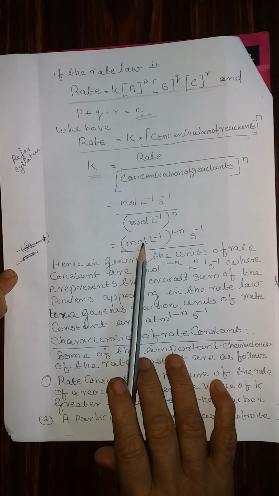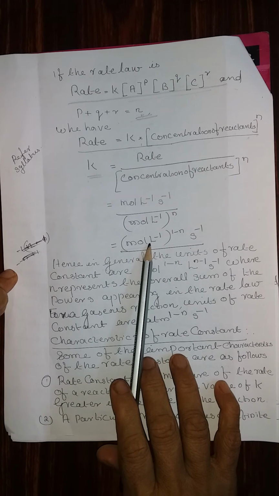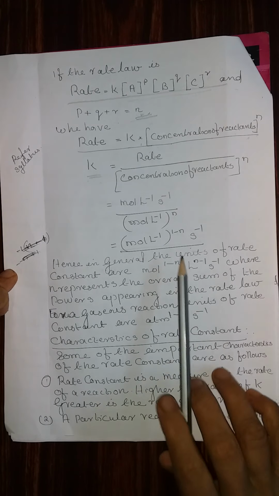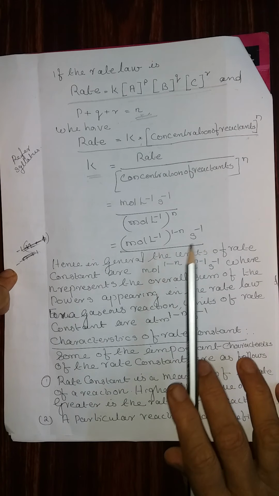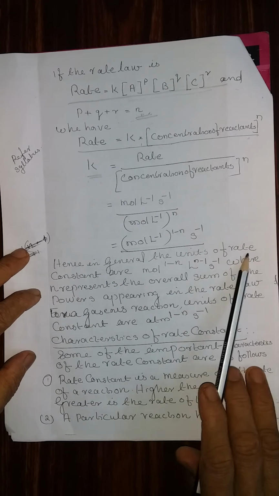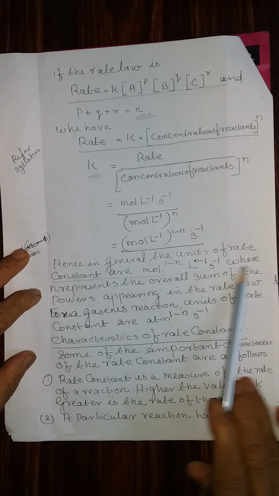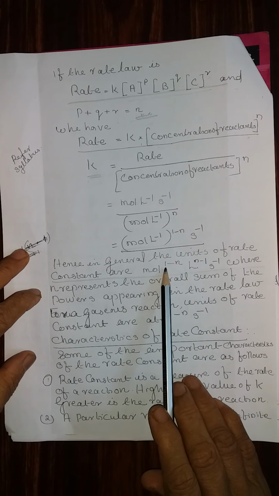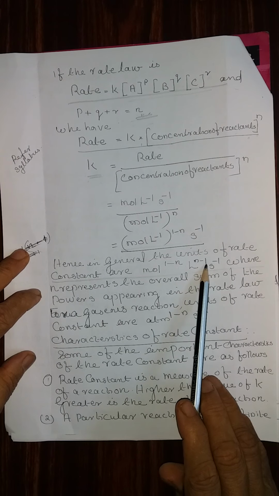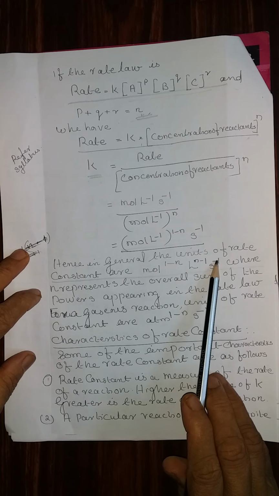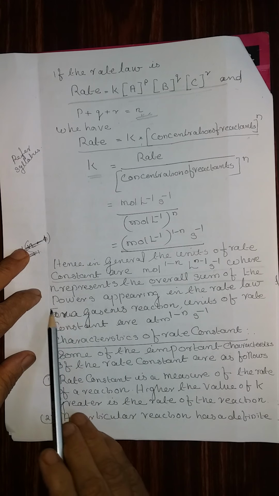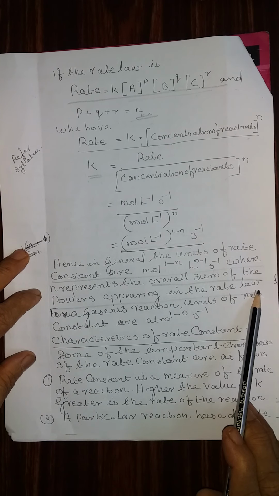Choose the correct answer questions can be given for the ISE examination regarding the units of this type of rate constant, first order reaction, like that. Hence, in general, the unit of rate constant is mol^(1-n) L^(n-1) per second, where n represents the overall sum of the powers appearing in the rate law.